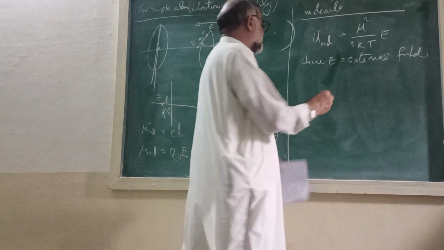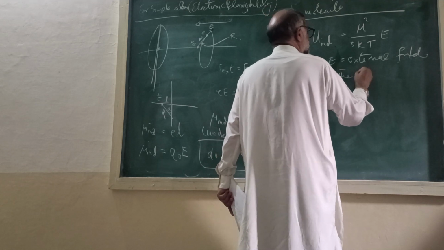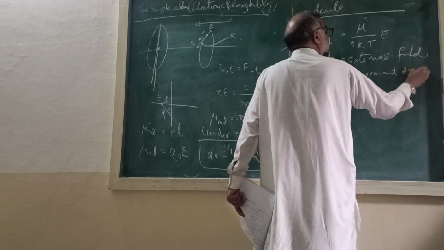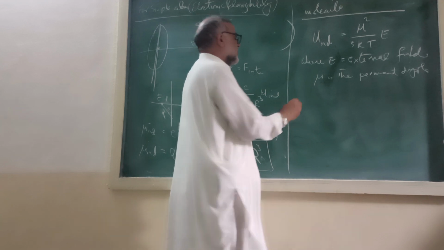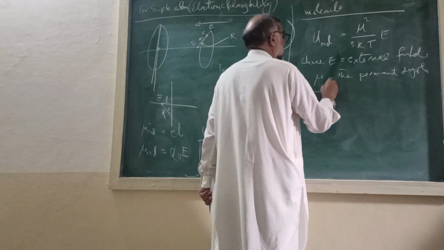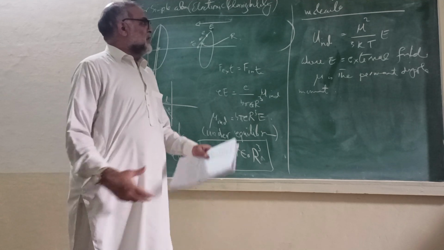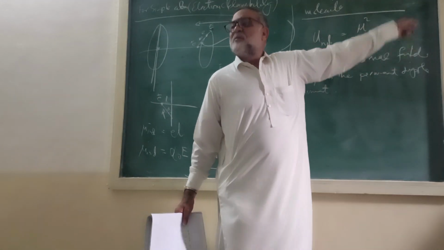Where mu is the permanent dipole moment. The induced dipole moment is the permanent dipole moment squared multiplied by the electric field.